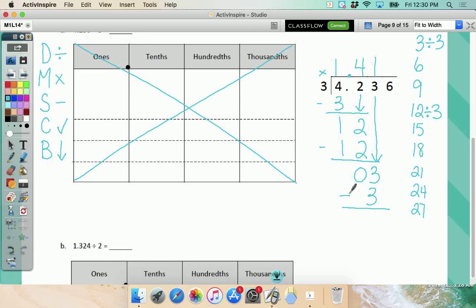Okay, so I'm ready to subtract. What do I have? 0. Okay, so what comes next? Adrian, what comes next? Check. Okay, what do I check? Is the remainder lower than the divisor?